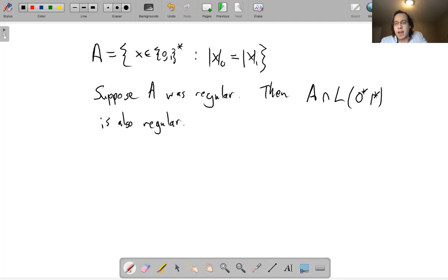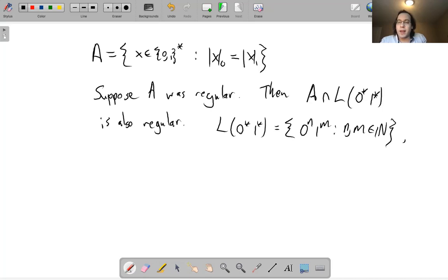So this is the language of the regular expression 0*1*. What is this language? It's the language of all strings of the form 0^n 1^m, such that n and m are non-negative integers. So it's any number of zeros followed by any number of ones, and they don't have to be the same number of zeros and ones.